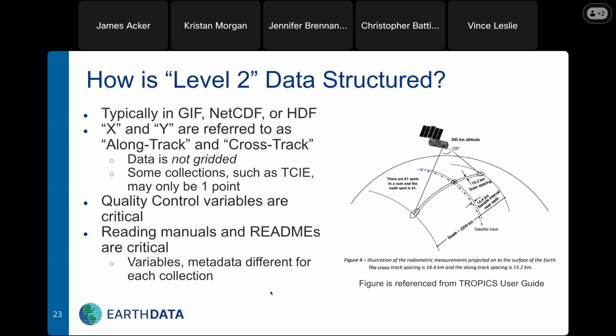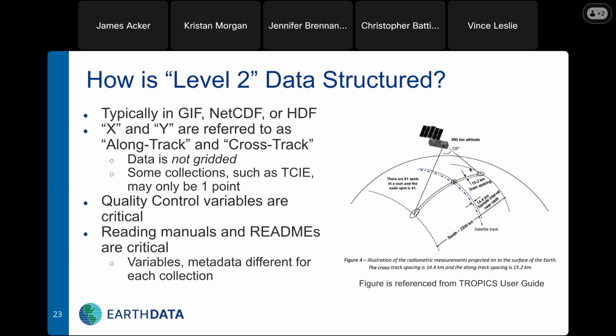And so I just also want to reemphasize that this data is not gridded. So if you were to try to compare this to, let's say, a level 3 or 4 collection, you will notice that there is no latitude or longitude in the coordinates to easily interpolate it to. And that's because what you have to do is take those latitude and longitude arrays that are inside of them to construct a rectangular grid of some sort.